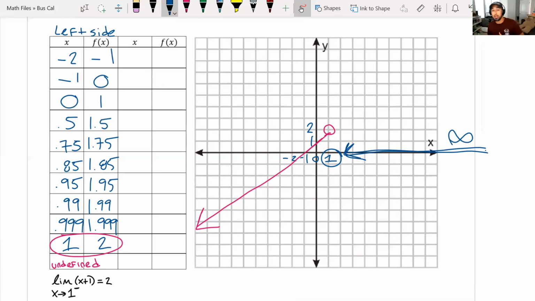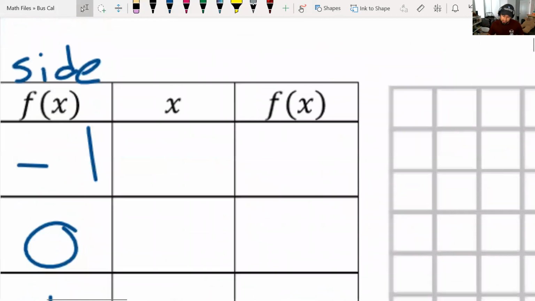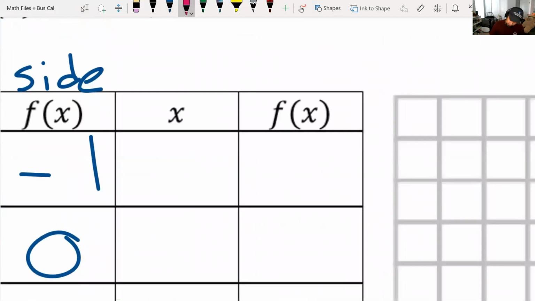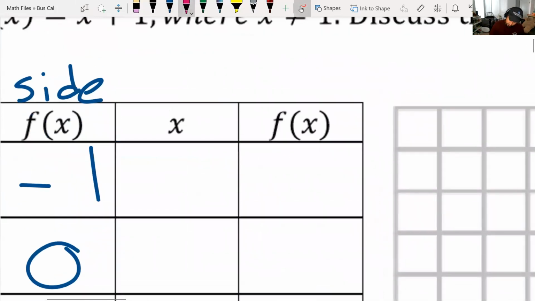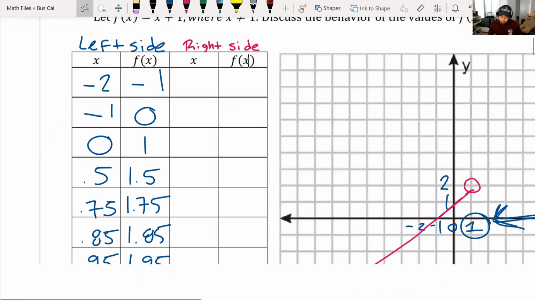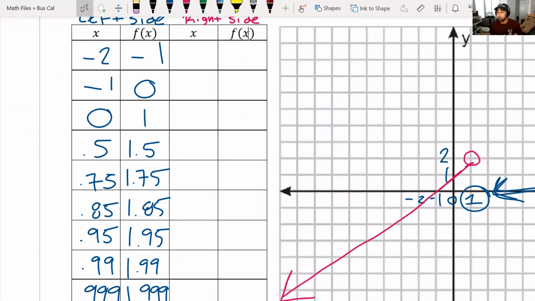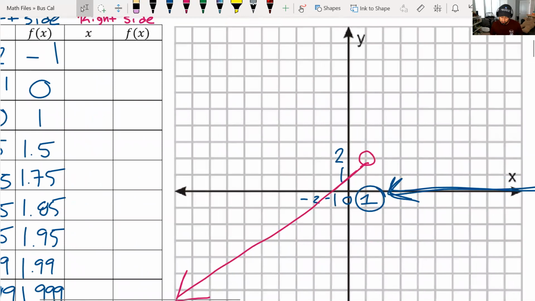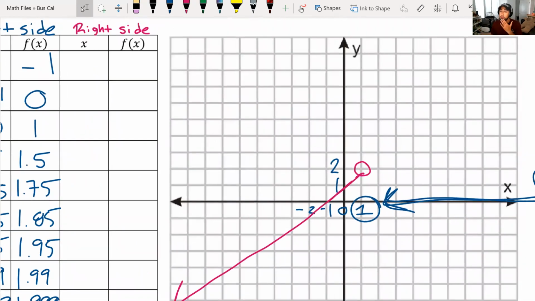So let's see what that looks like on the XY chart. Let's look at the numerical values, right? Okay, so now we have the right side. Now let's choose numbers to the right of 1, which means let's choose numbers bigger than 1. But again, let's not get too crazy. Let's start with 3.